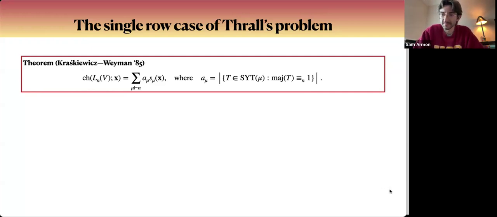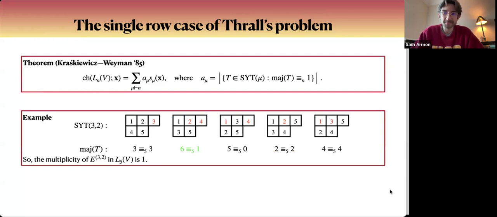Kind of strange. Just as an example of one of these computations, for the set of standard tableaux here, I went through and computed all the major indices on the last slide. On the left are the major indices, and then I want to take all of these mod 5, the size of my partition.